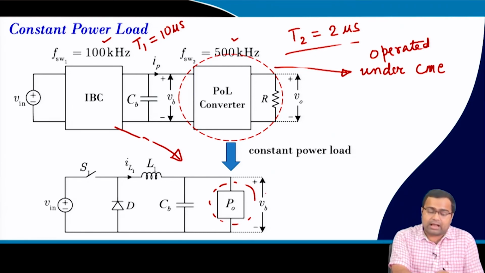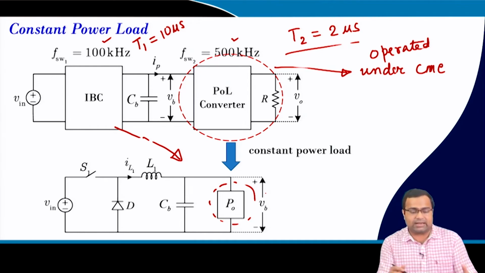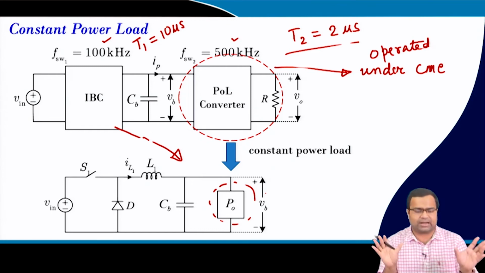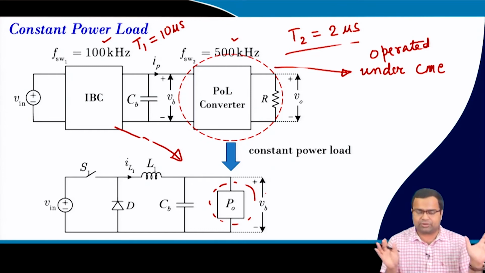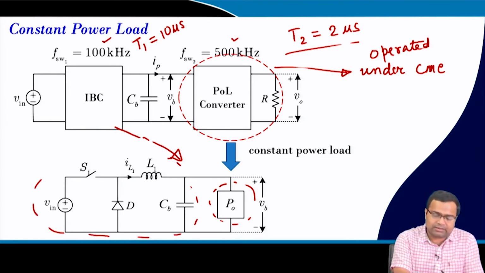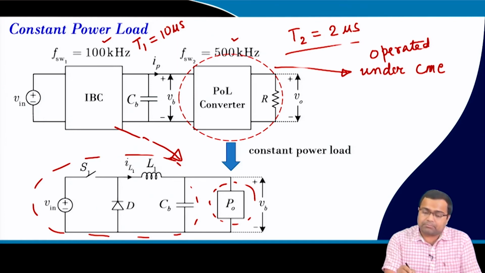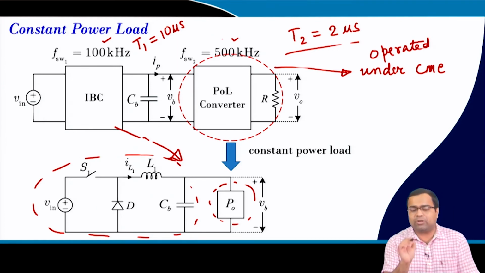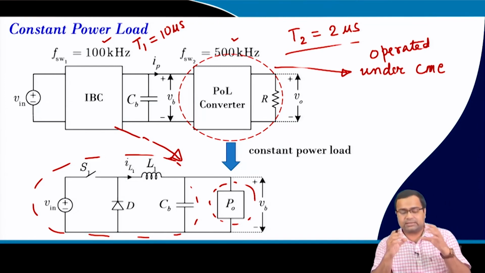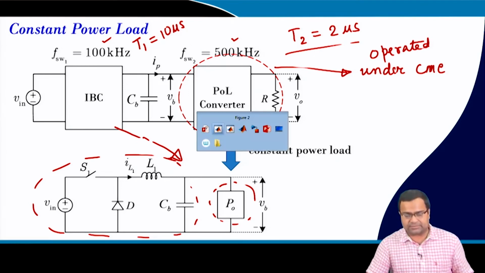Right now, whatever we have simulated, we have used two DC-DC converters, both POL and IBC, and the POL was operating under current mode control and the IBC was in open loop. Now, I want to repeat the experiment where the IBC still remains in open loop with the same configuration, but the closed loop POL converter is replaced by a constant power load, where the magnitude of the constant power is 20 watt, that we have discussed.